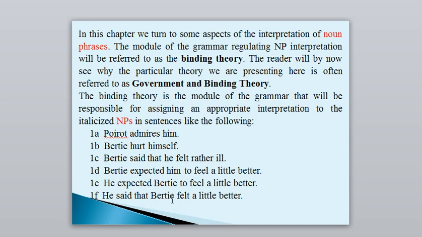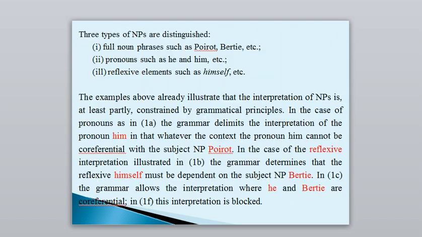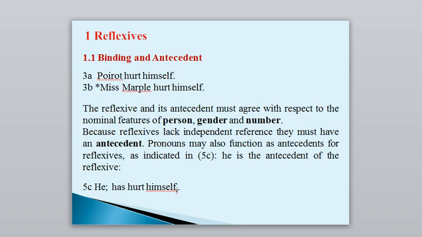For example, this example, he said that Bertie felt a little better. This is a kind of referential expression or proper name. This proper name cannot come back to the subject pronoun. So it is free in its domain. It doesn't have a reference. It is free in this sentence. This is principle C of the binding theory.